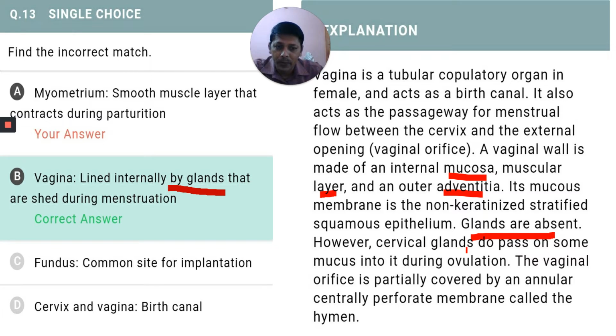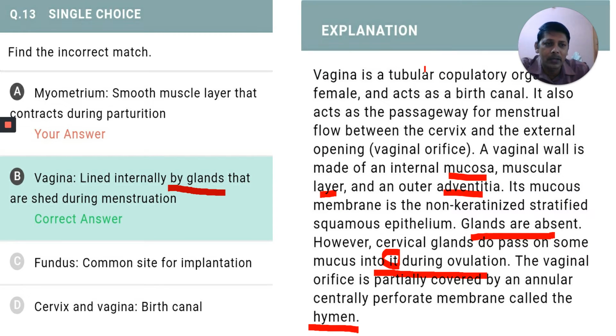However, cervical glands do pass on some mucus into the vagina during ovulation. The vaginal orifice is partially covered by the hymen, which is one of the external genitalia of the female reproductive system.